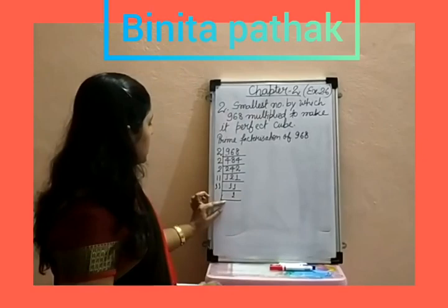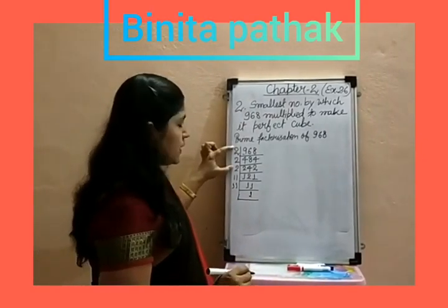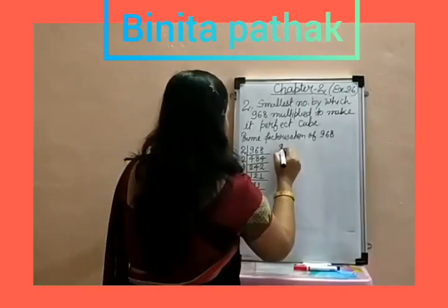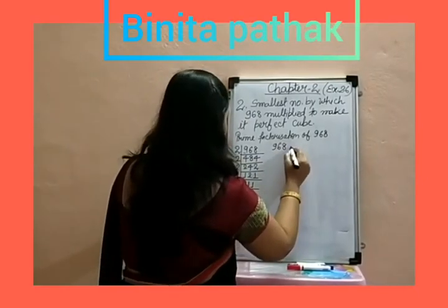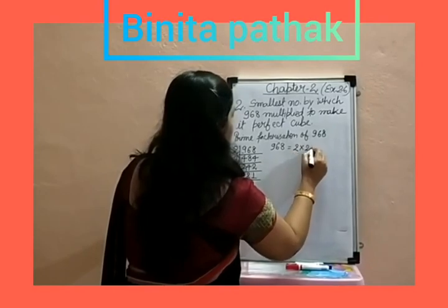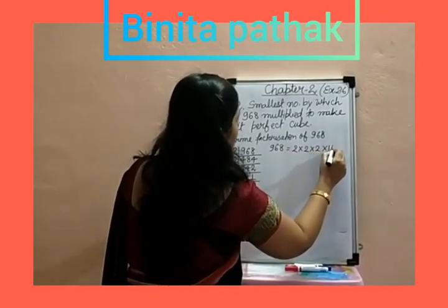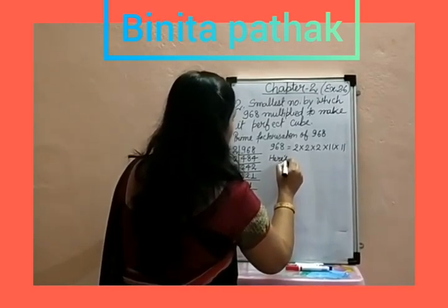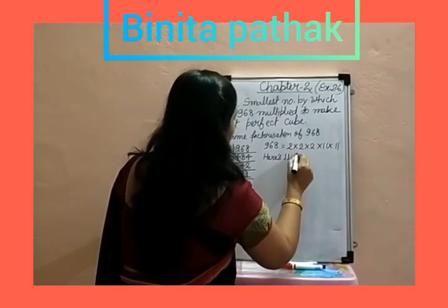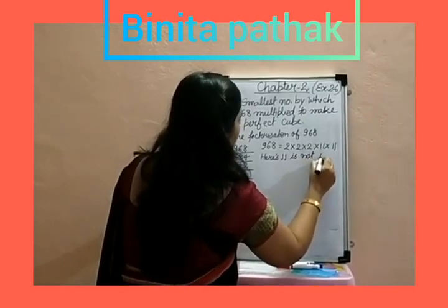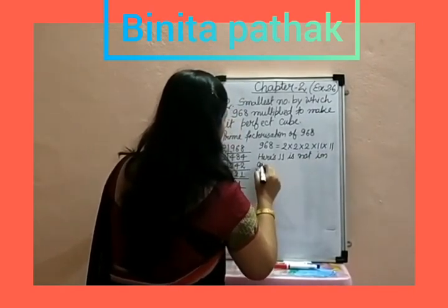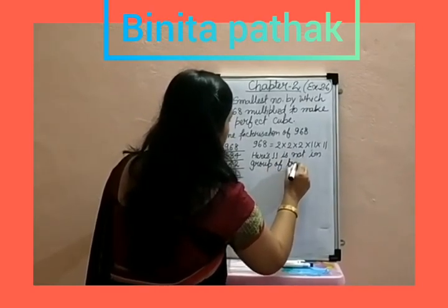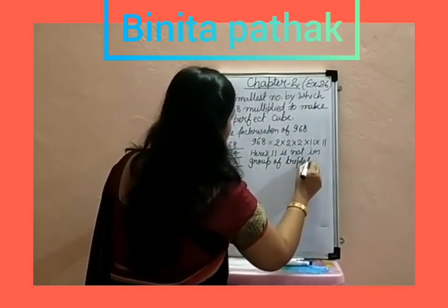So here you can see 2 is 3 times, but 11 is only 2 times. 968 equals 2 cubed times 11 squared. Here 11 is not in a group of triplets. It means 11 is not 3 times.